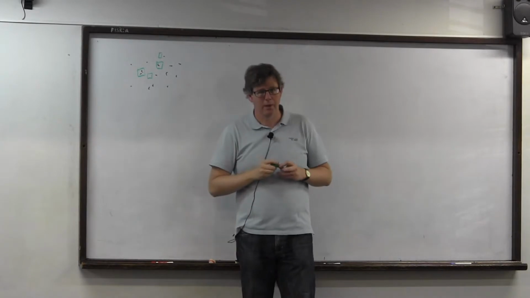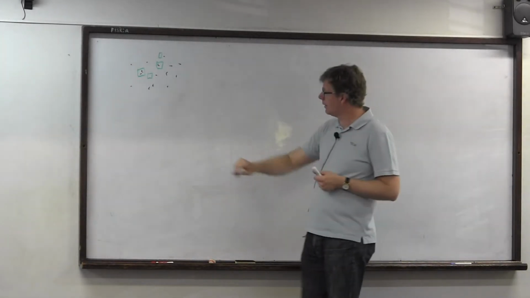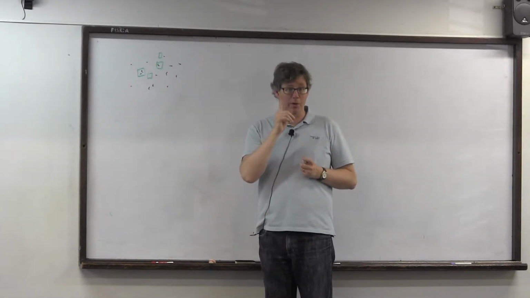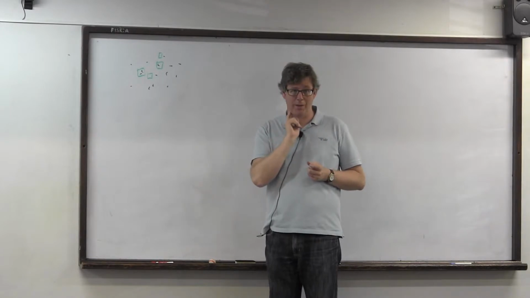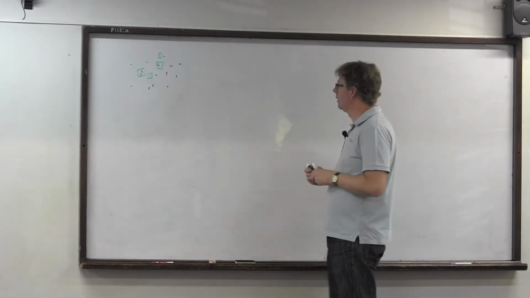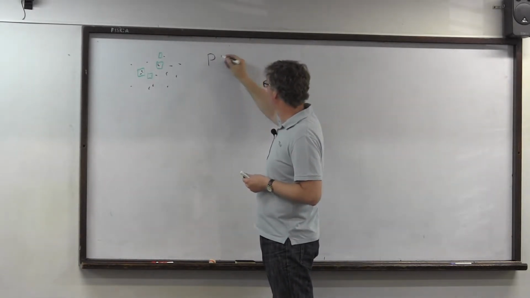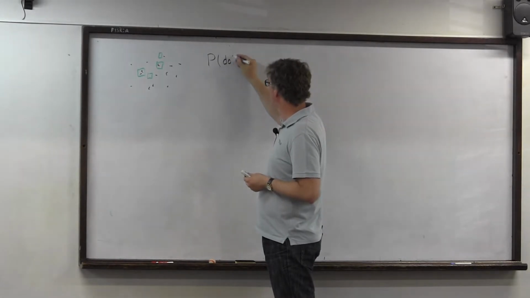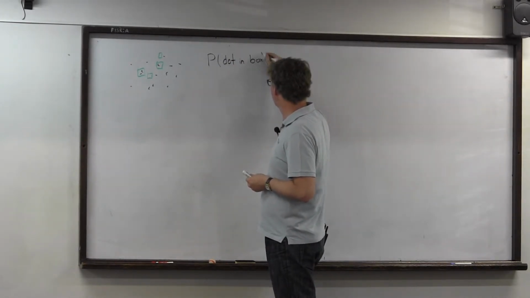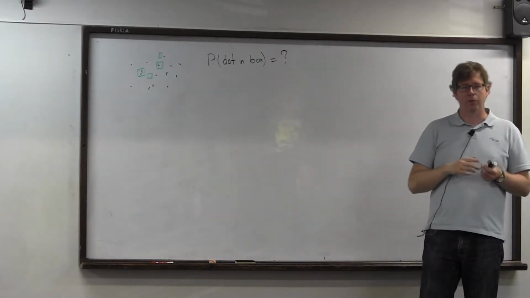And then I can ask, what's the chance that inside my box there is one dot? Okay? So in the language of probability, that is written, if I'm being explicit, as the probability of one dot in box.